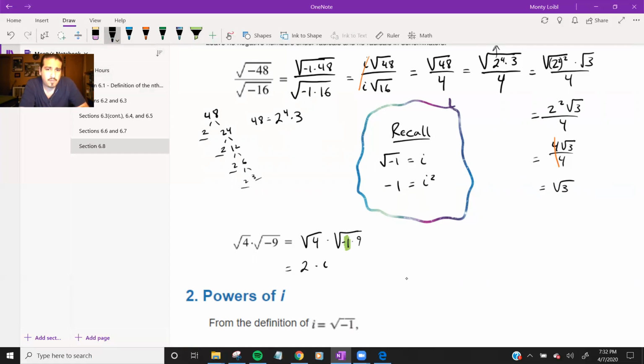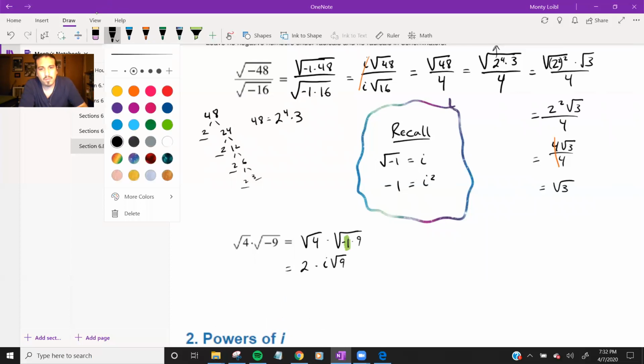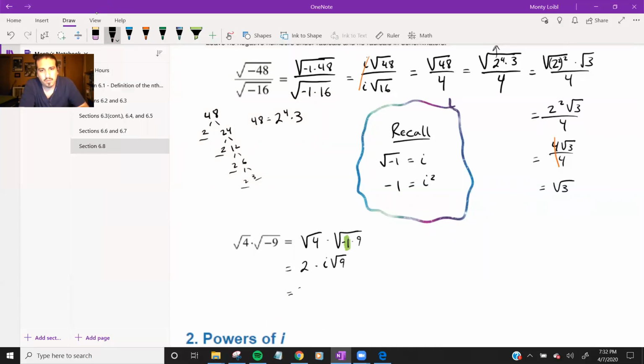So we now have i times the square root of 9, which is 3. So we've got 2 times i times 3, right? Or 6i would be what that one is. Any questions before we go on to section 2?